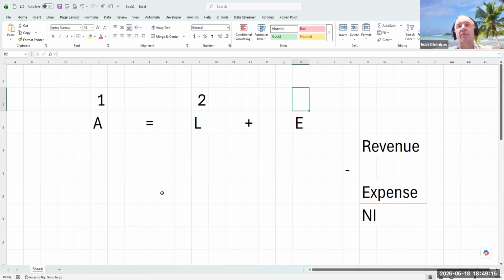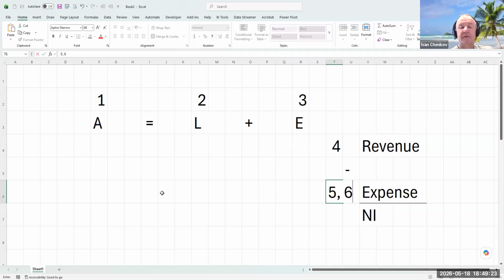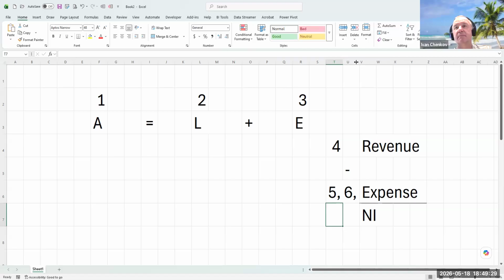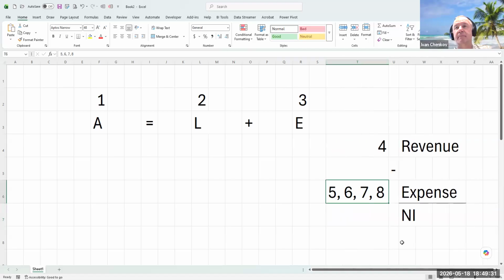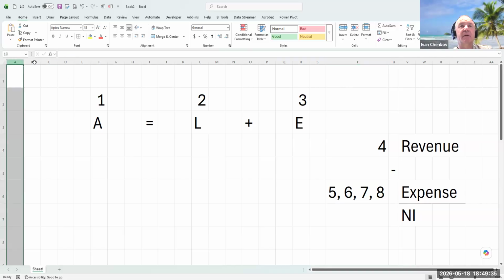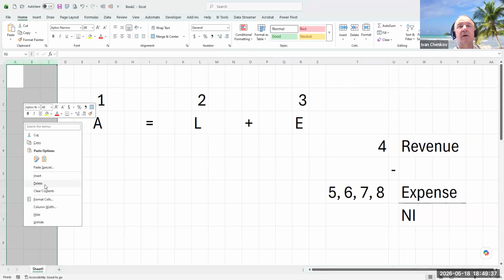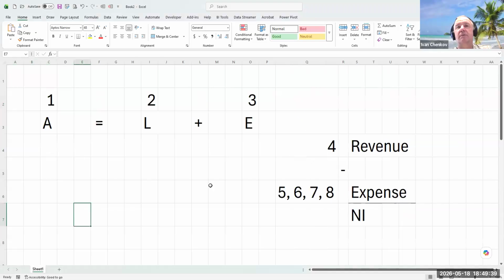Equity is third, number three. Revenue comes from the operation, that's number four. Expenses are 5, 6, 7, 8. All those are expenses. So that's how you should remember the logical numbers of all the accounts.